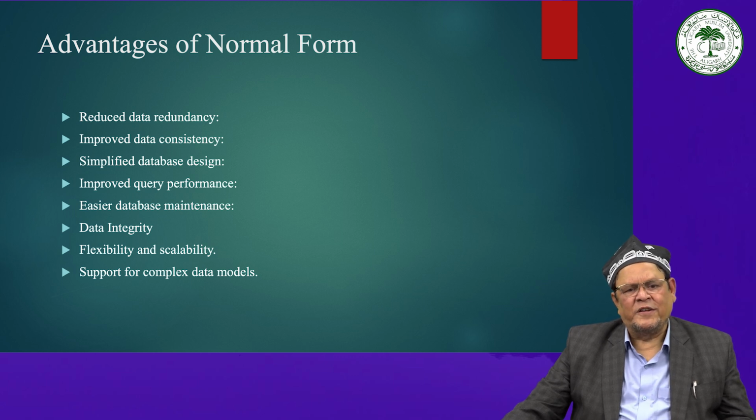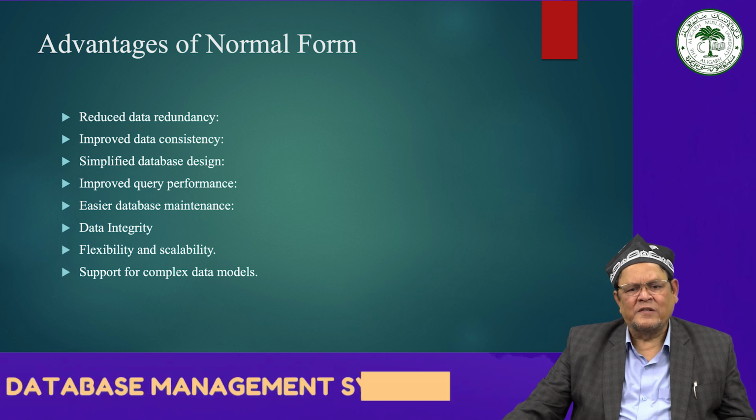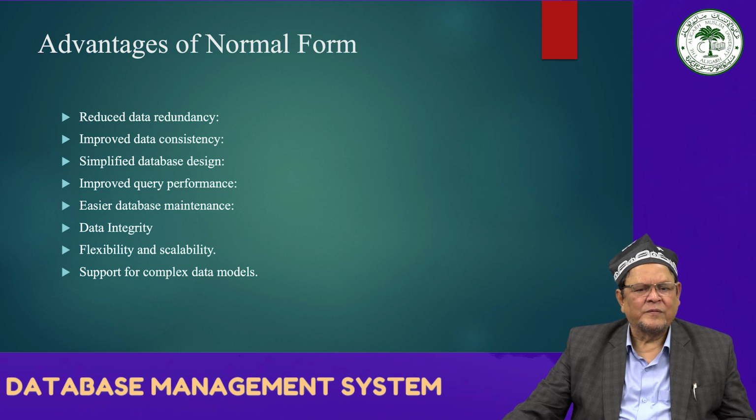Flexibility and scalability. Normalization allows databases to evolve and scale more easily over time, as new requirements emerge or the volume of data increases. Normalized databases can be adapted and expanded without sacrificing data integrity or performance.